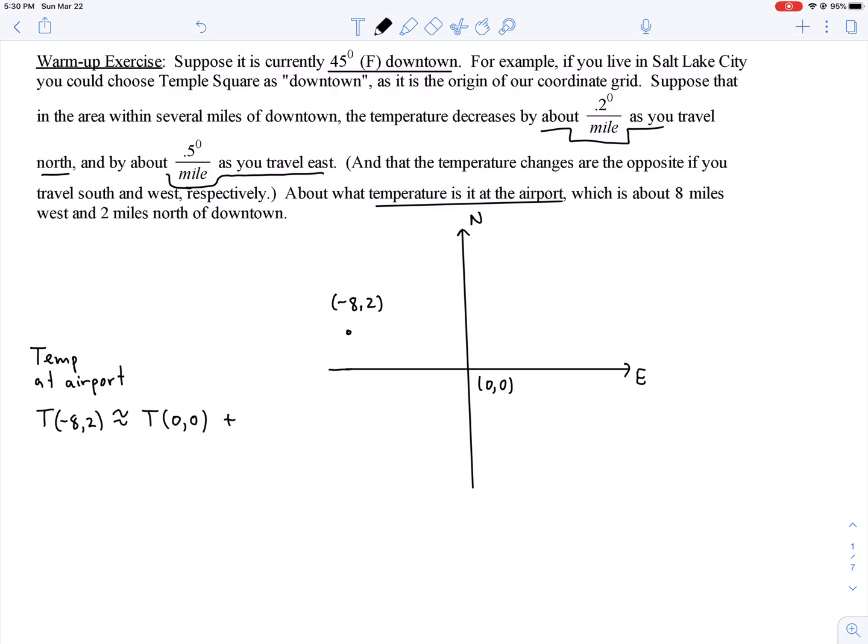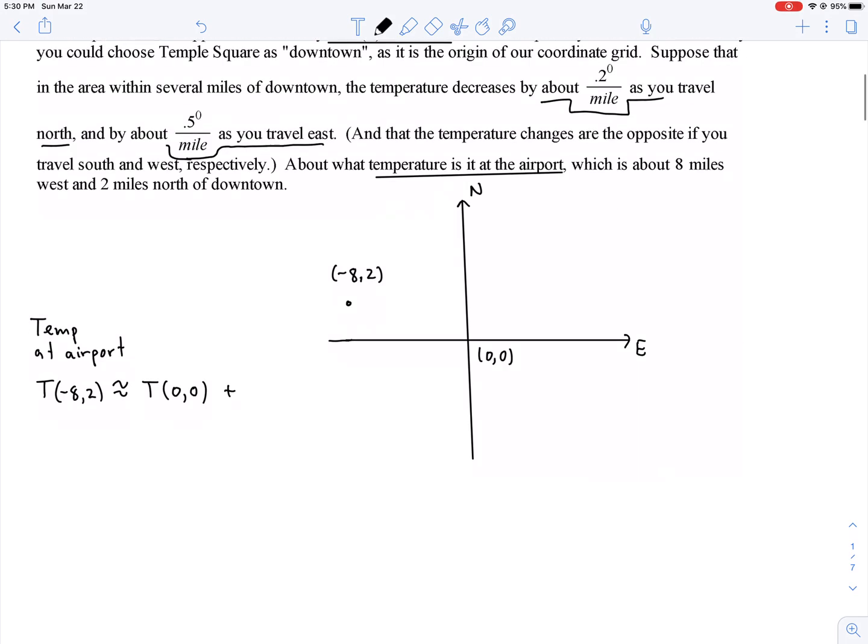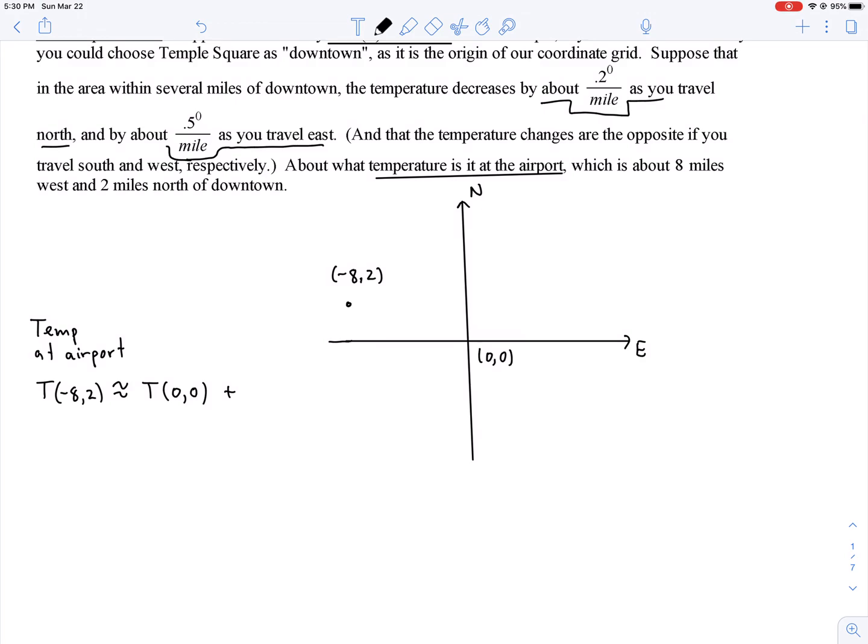Well, we are told that as we go east, the temperature decreases at a rate of about 0.5 degrees per mile. Okay, so let me write that as how fast the temperature is changing in the east direction.